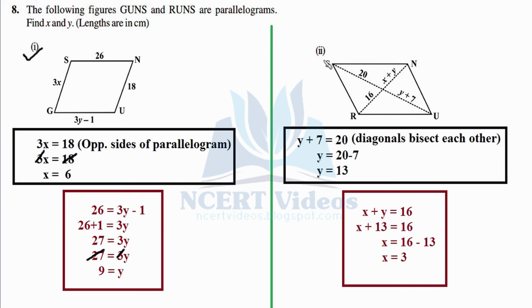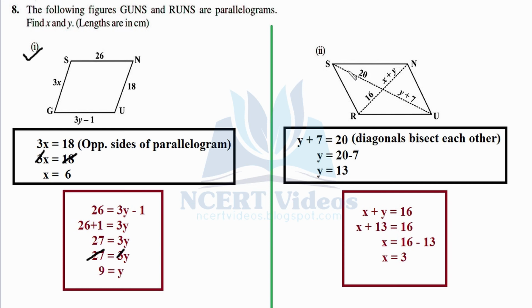Moving on to the second figure, that is parallelogram RUNS. Here we cannot use the property that we have used here, that is, opposite sides of a parallelogram are equal, because we are given the measurements of the diagonals, and we know very well that both these diagonals in a parallelogram bisect each other.